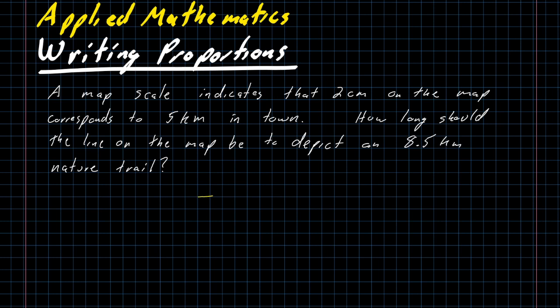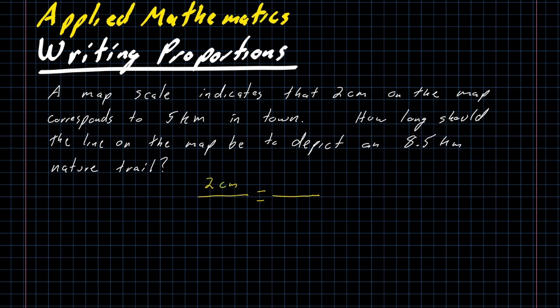A map is a scale drawing, a similar figure to the world around us. So with that in mind, it becomes fairly obvious that this is going to be a proportion that we can write and solve.